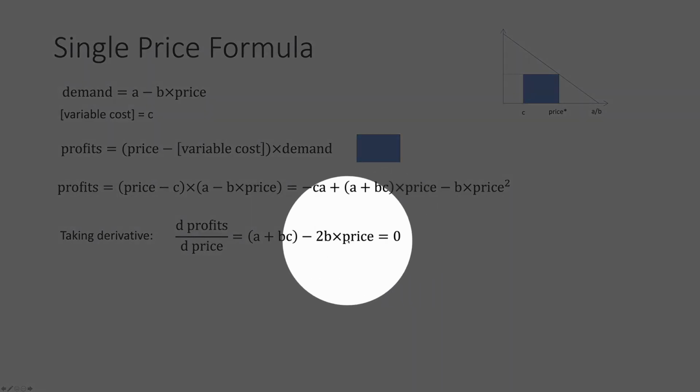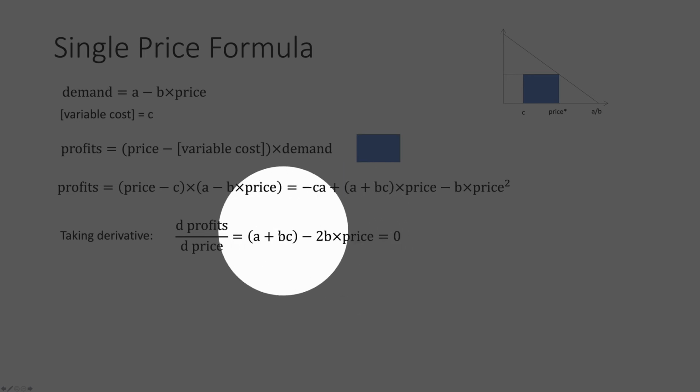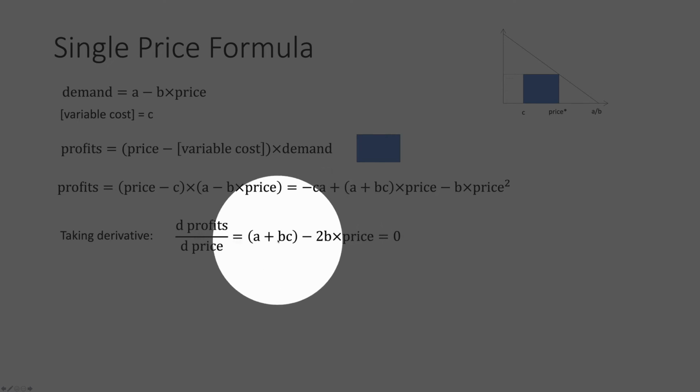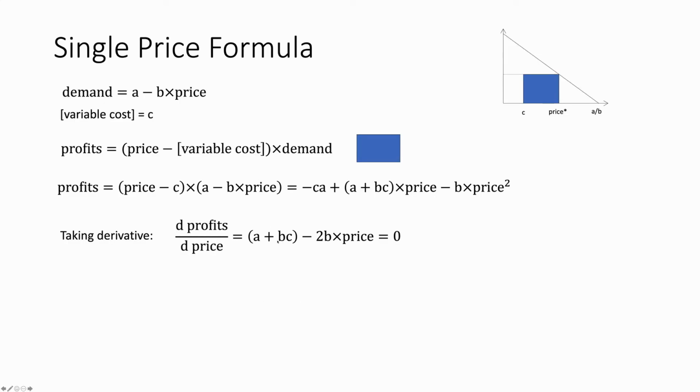In this function, keep in mind that price is the only unknown. This is the optimal price we're trying to solve. And A, B, and C here are simply numbers. We're carrying these letters representing the numbers. Therefore, the optimal price is A plus BC divided by 2B.